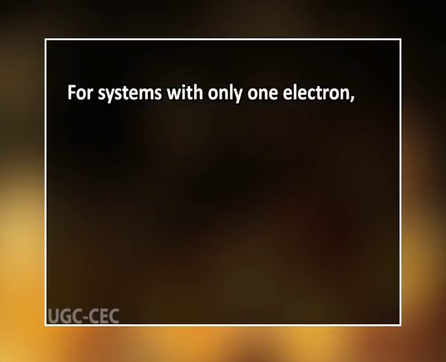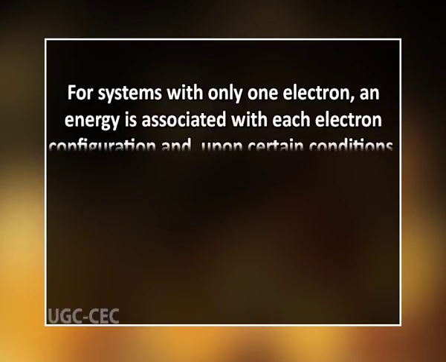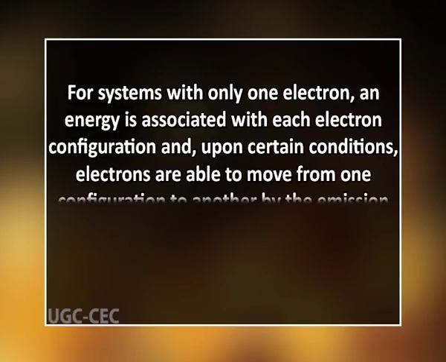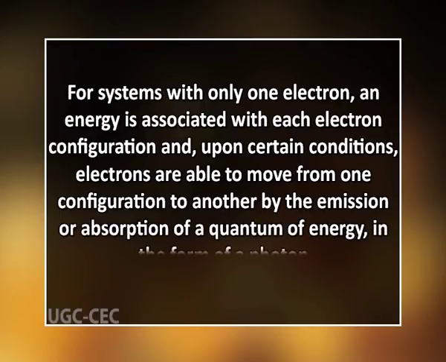According to the laws of quantum mechanics, for systems with only one electron, an energy is associated with each electron configuration, and upon certain conditions, electrons are able to move from one configuration to another by the emission or absorption of a quantum of energy in the form of a photon.